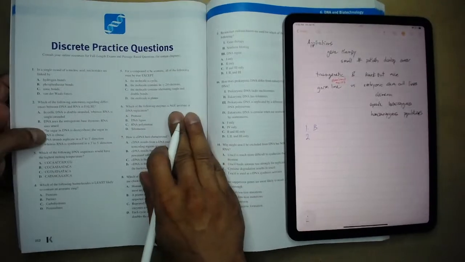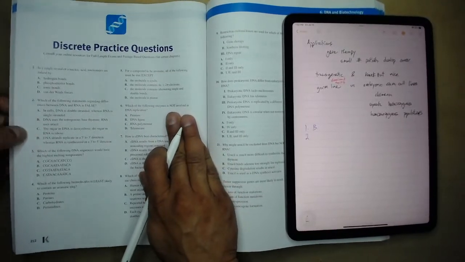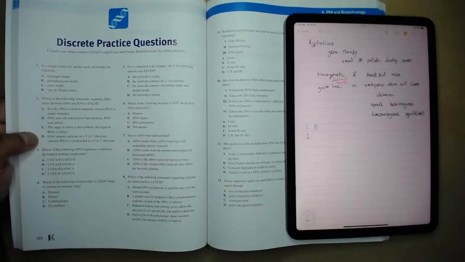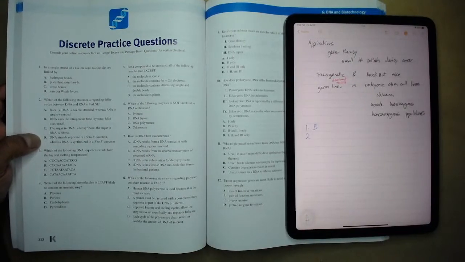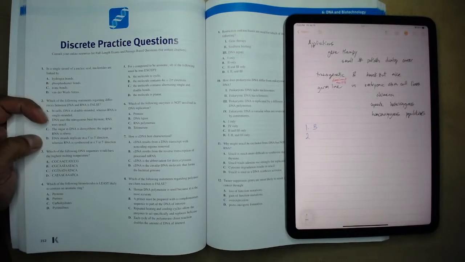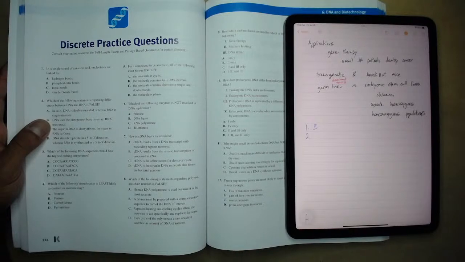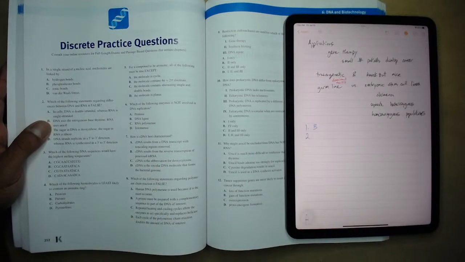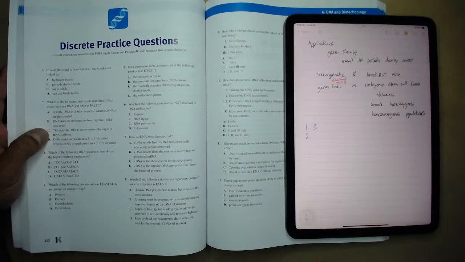2. Which of the following statements regarding differences between DNA and RNA is false? In cells, DNA is double-stranded, whereas RNA is single-stranded. Sounds good. DNA uses the nitrogenous base thymine. RNA uses uracil. Sounds right. The sugar in DNA is deoxyribose. The sugar in RNA is ribose.